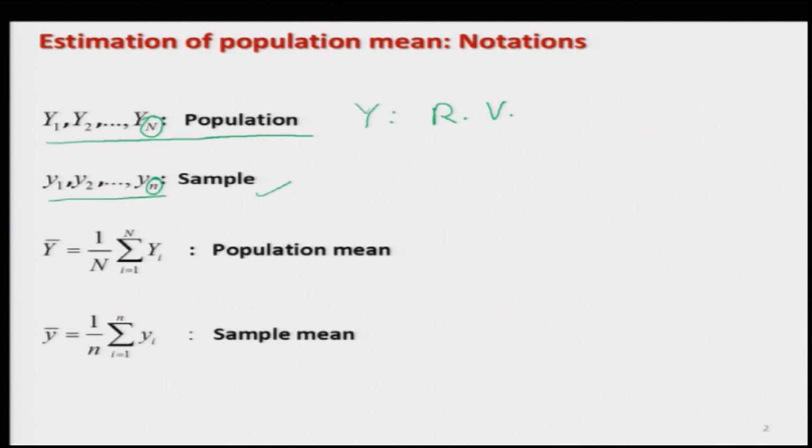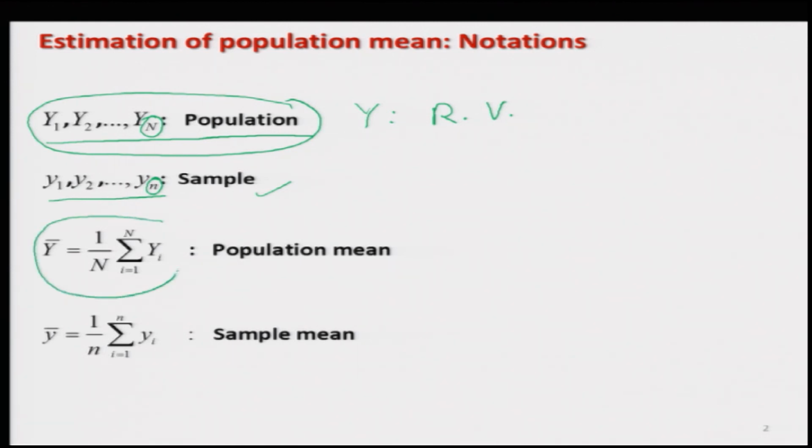Now, if I try to define the population mean, one option is this: I can use the concept of arithmetic mean, and using the concept of arithmetic mean, the population mean of this Y1, Y2, YN in the population can be defined by 1 upon capital N summation i goes from 1 to capital N Yi, and this is going to be denoted by capital Y bar.